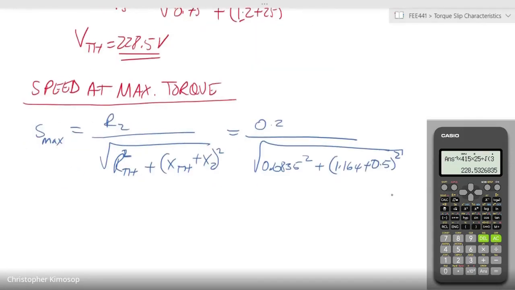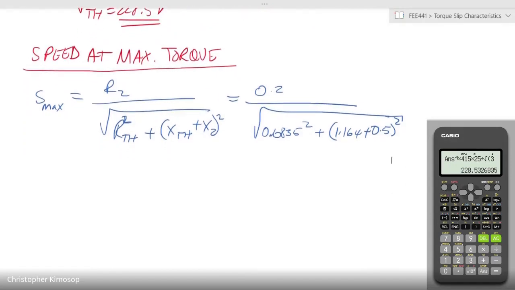Okay, so similar calculation: 1.164, square that, add it to the other one, get the square root, the inverse, 0.2.